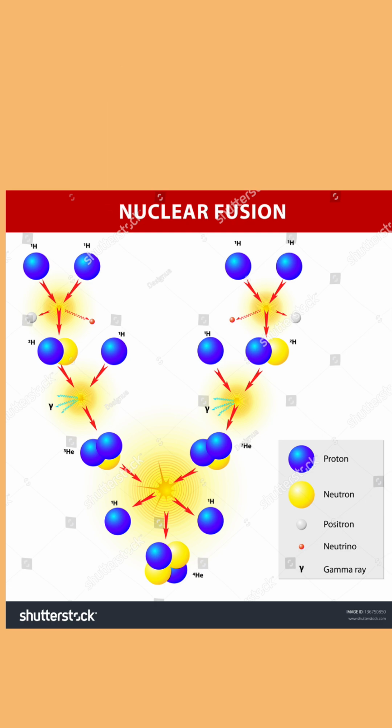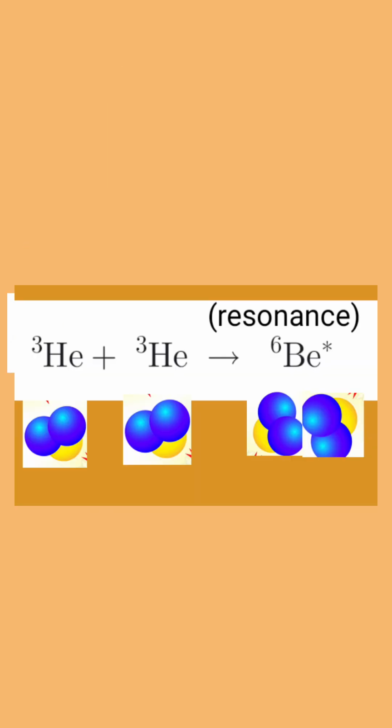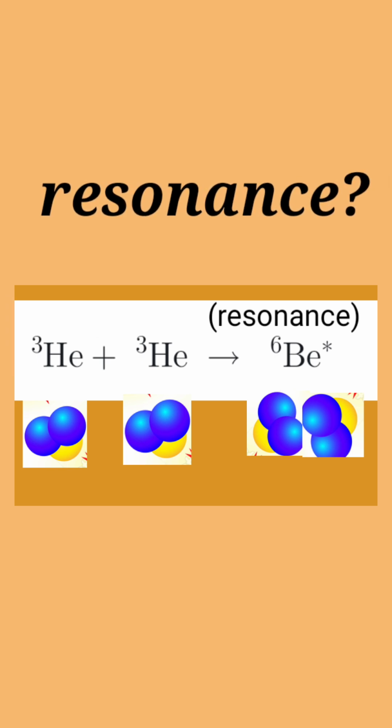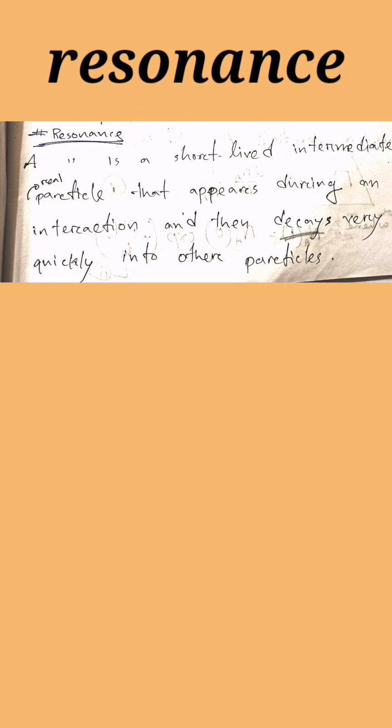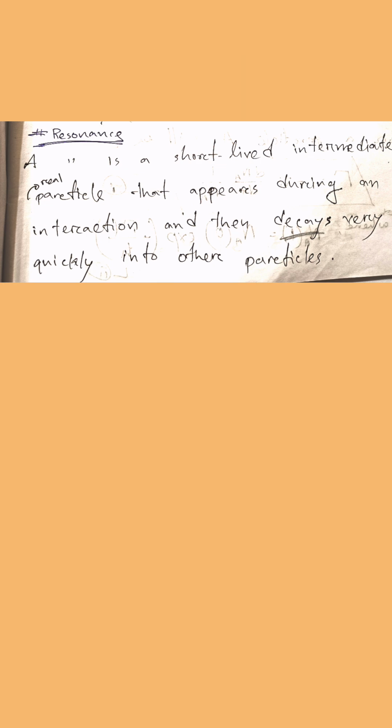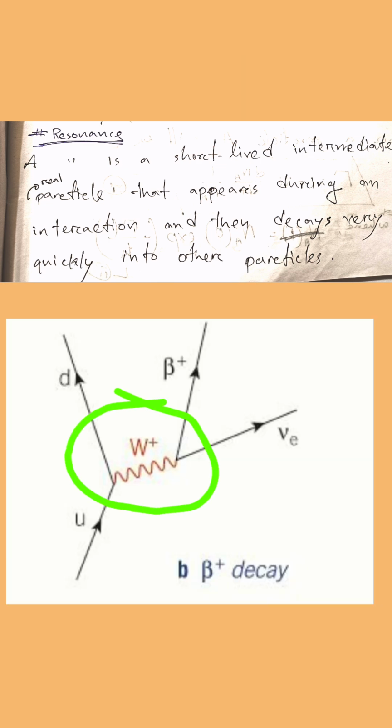A last bonus piece of information: in this proton-proton cycle we talked about resonance, but you might wonder, what is a resonance? A resonance is a short-lived intermediate real particle, unlike a virtual particle, for instance the W boson, which is a force mediator for the beta decay process.